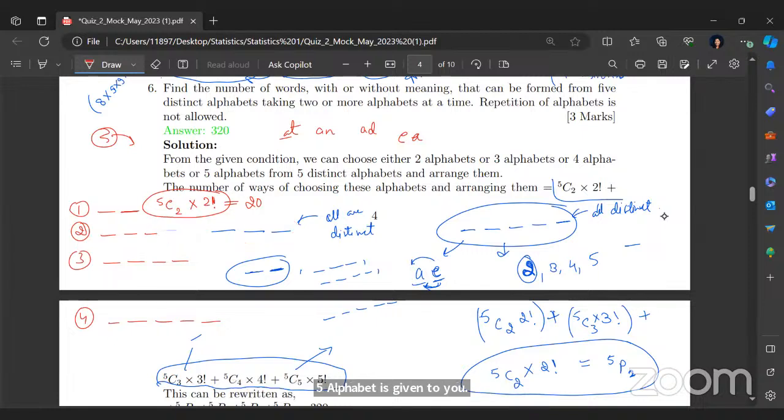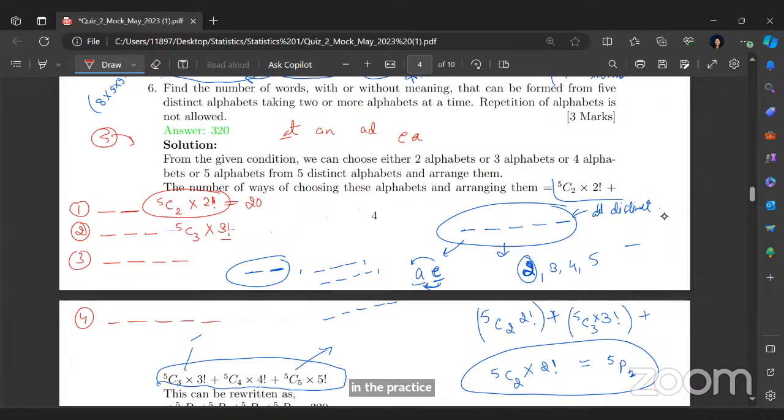Now, if you have to make a word which uses 3 alphabets, then that can be done in 5 choose 3 times 3 factorial ways. Because you'll have to select 3 alphabets first, and then you arrange those 3 at the 3 places, which can be done in 3 factorial ways, right?